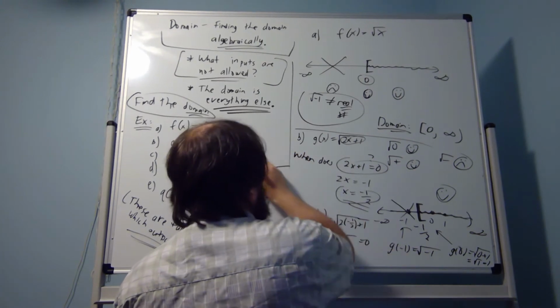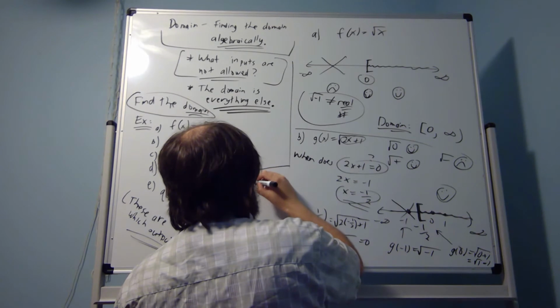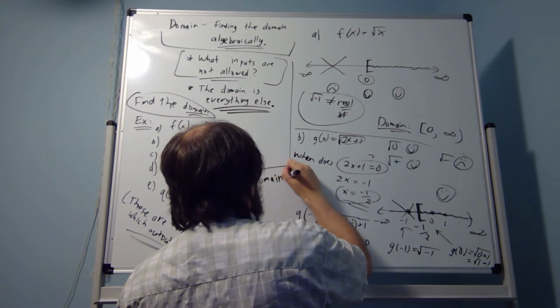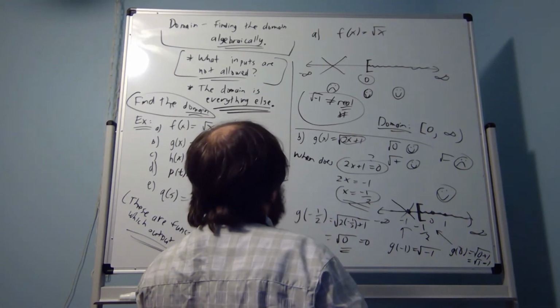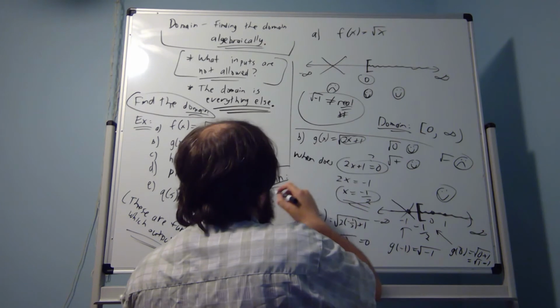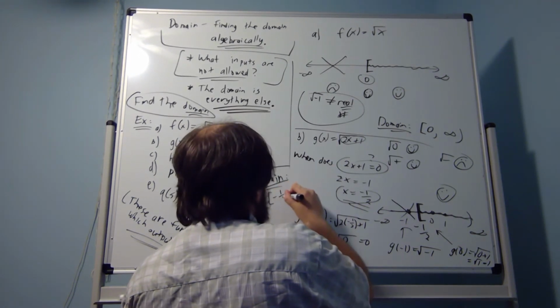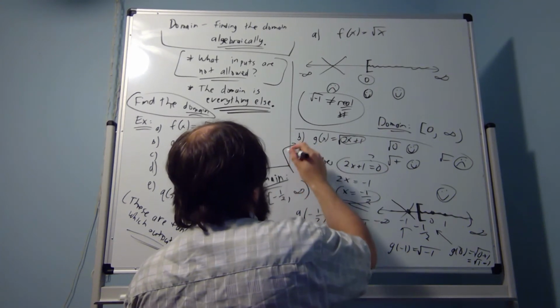So the domain we get starts at negative 1/2, goes all the way up to plus infinity.